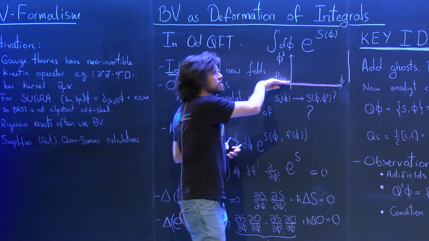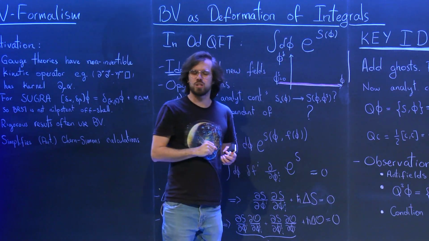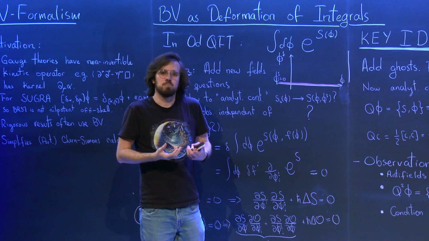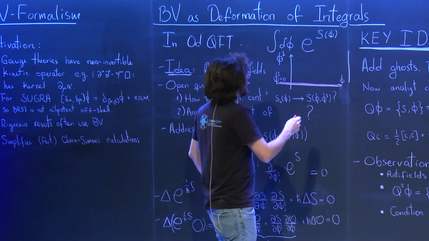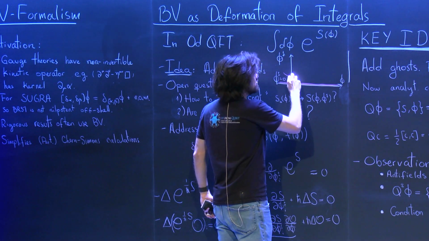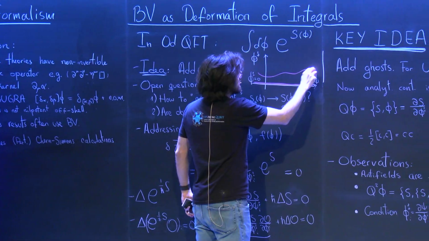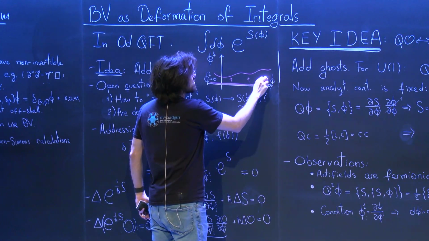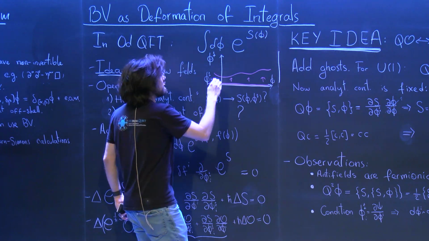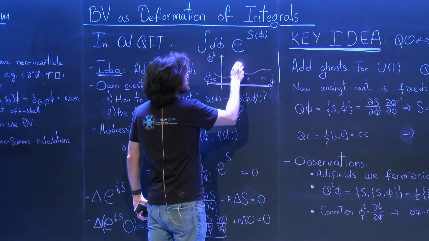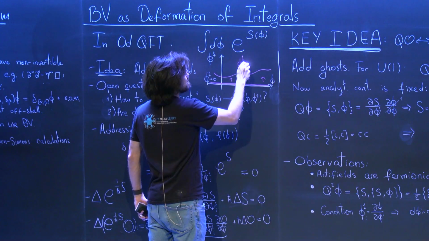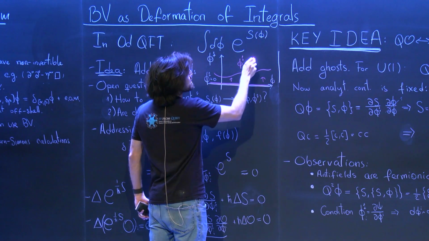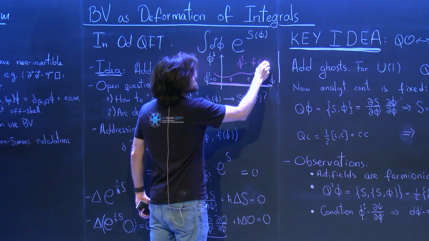So that will be the surface upon which our original integral was integrating, but maybe we could define some new surface. We could try to deform the contour of integration, quote unquote, in a way that we can define now a curve where our antifield is equal to some function of our original field.